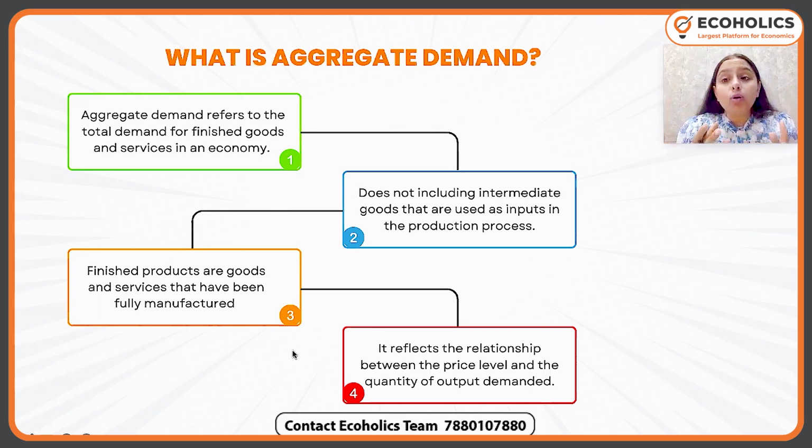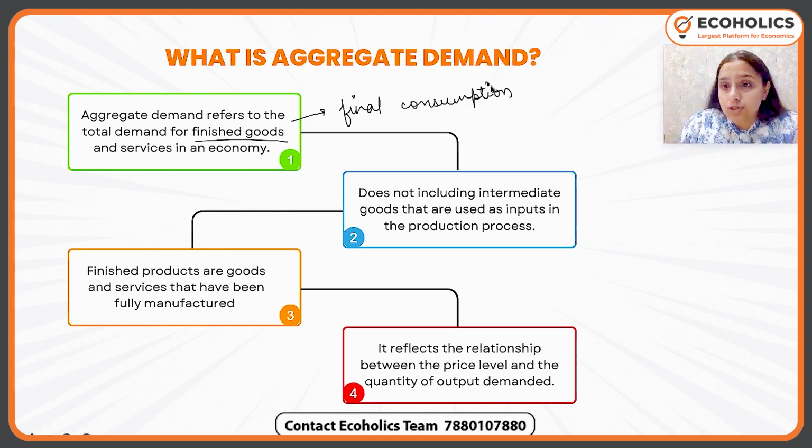And when I talk about total demand, the demand has to be for my finished goods, my final goods and services. So it refers to the total demand for finished goods and services in the economy. Now, what does finished goods mean here? Finished good means which is ready for the final consumption.